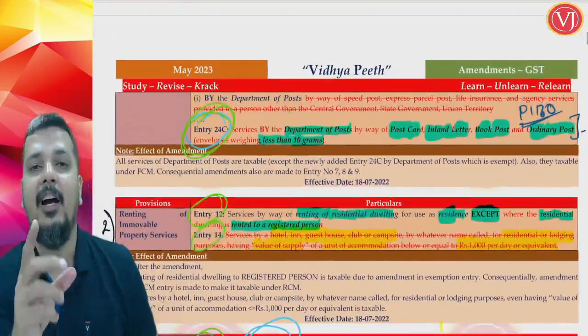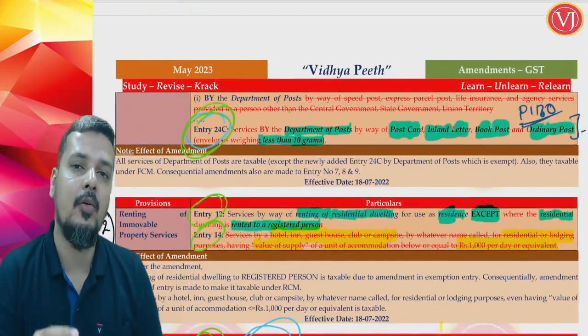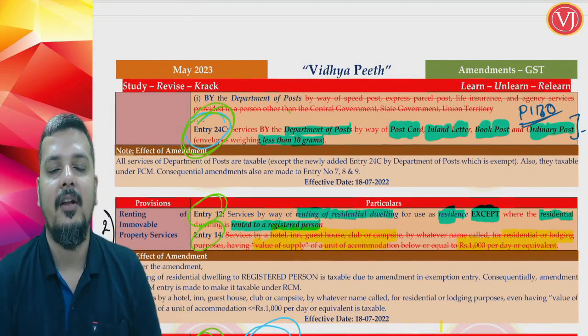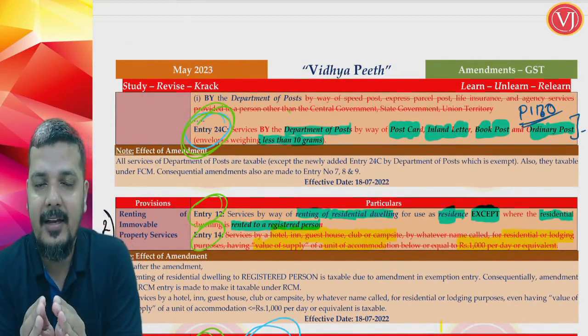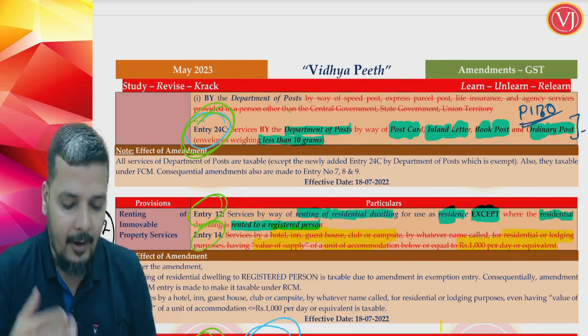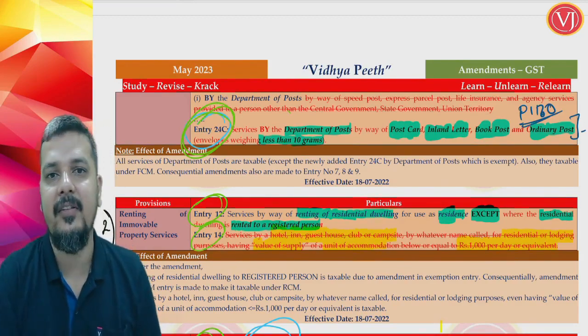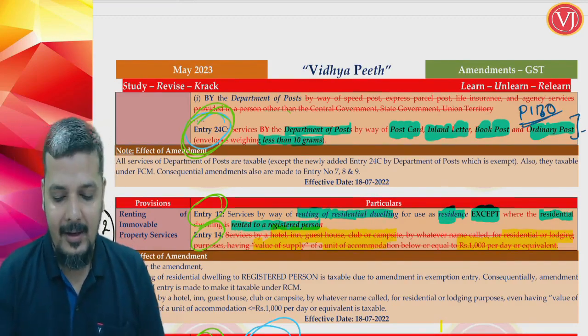Only in one place has government given some more exemption, that is tour operator services to a foreign tourist, partly in India, partly outside India. Only there has government given an exemption which was not there. In all the other cases, government has slashed the exemption and made it more taxable.